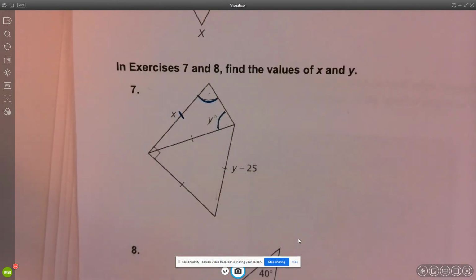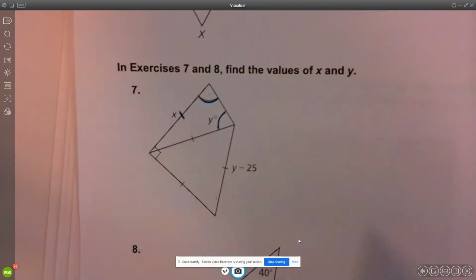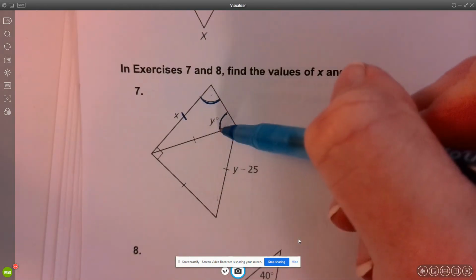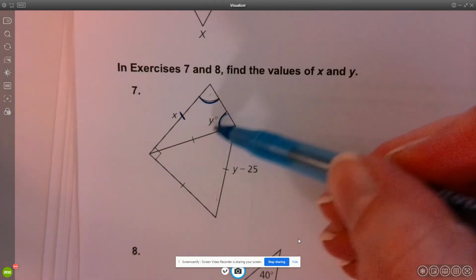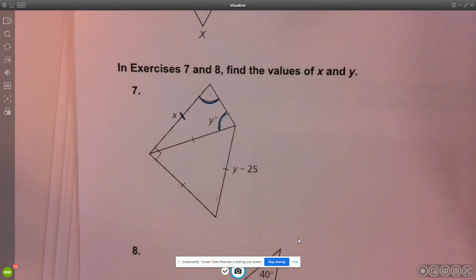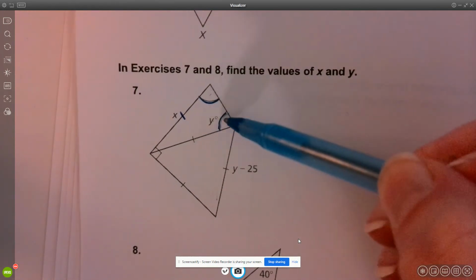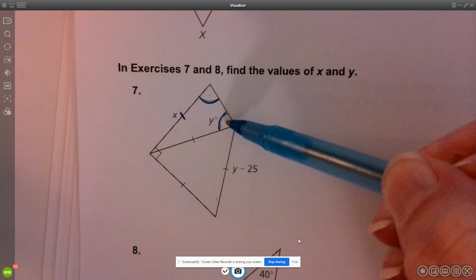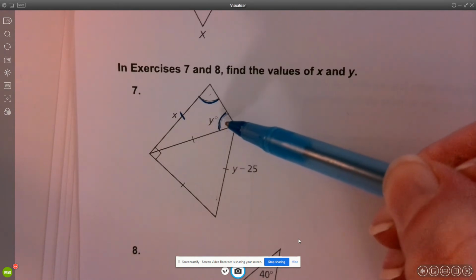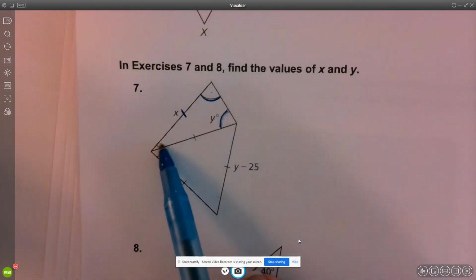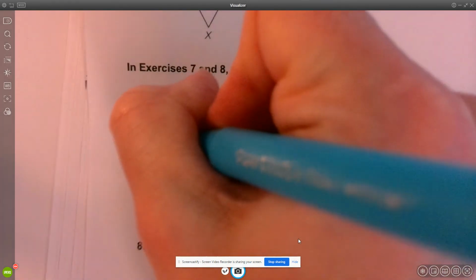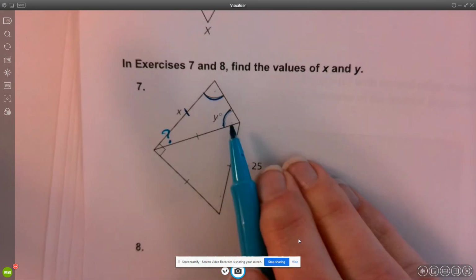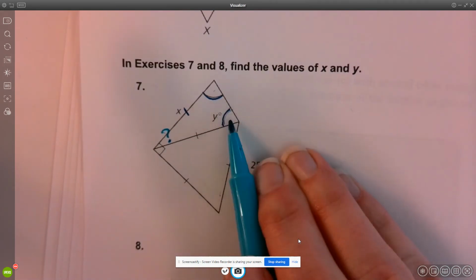So now I'm looking around, seeing what else I know. I have y here as one of the angle measures. So maybe I should try to find y first, and maybe I can go from there to find x. y is one of the base angles in this isosceles triangle. That means if I could find this missing angle, then I could find these 2 base angles.